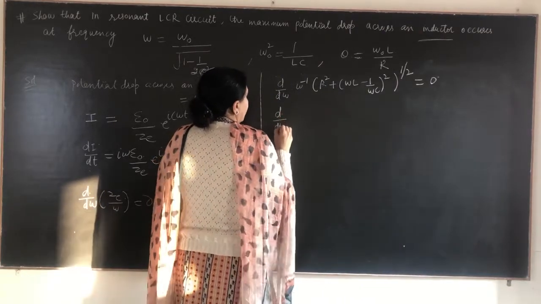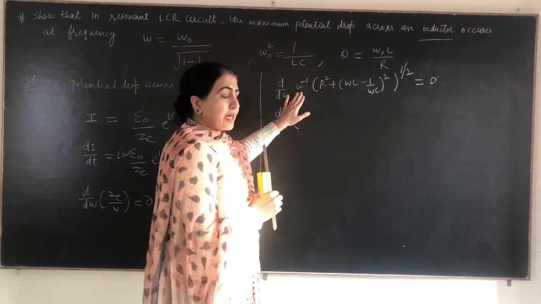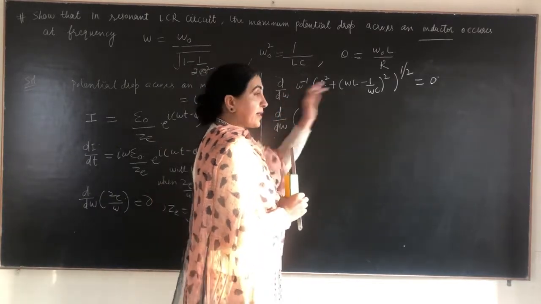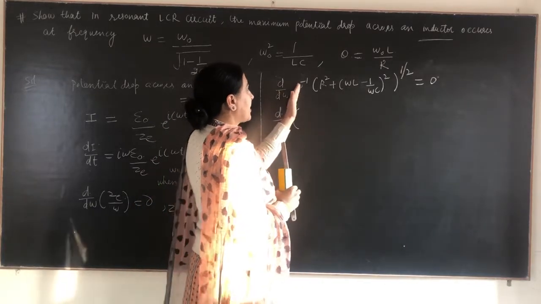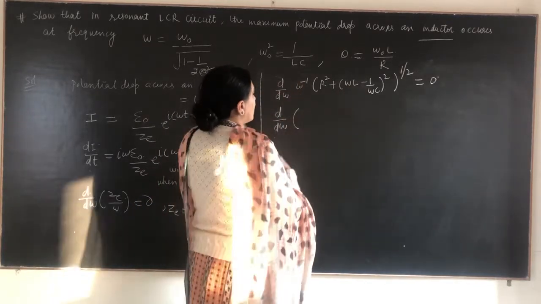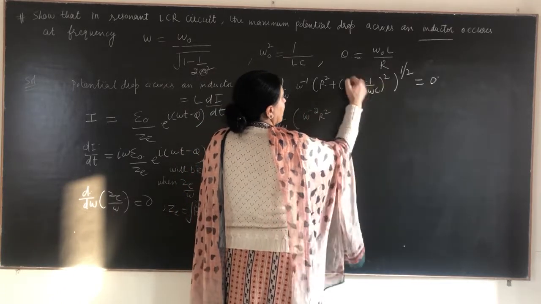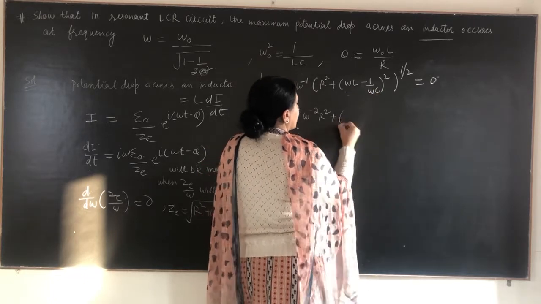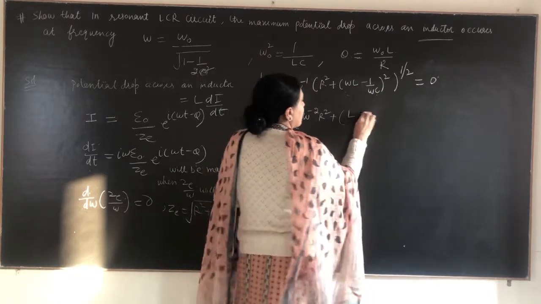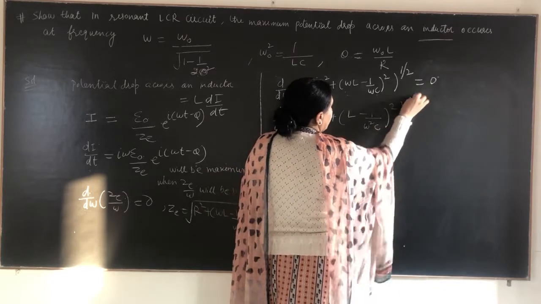So derivative with respect to omega: taking this omega to the power minus 1 inside the bracket, it will become omega to the power minus 2 for the R squared term. Here it is already squared, so only omega to the power minus 1 will be inside. So this becomes omega to the power minus 2 R squared plus (L minus 1 over omega squared C) squared, raised to power 1 by 2.